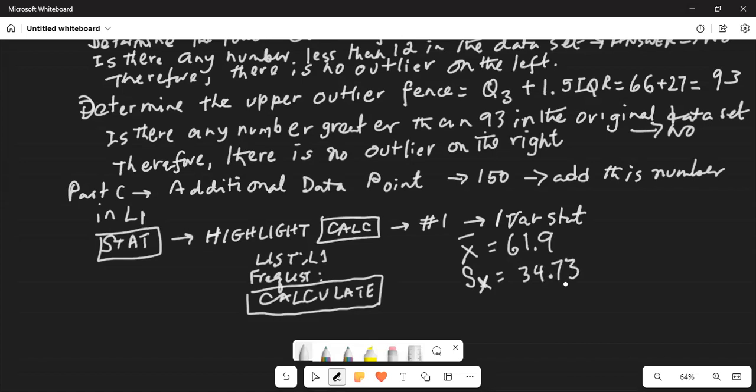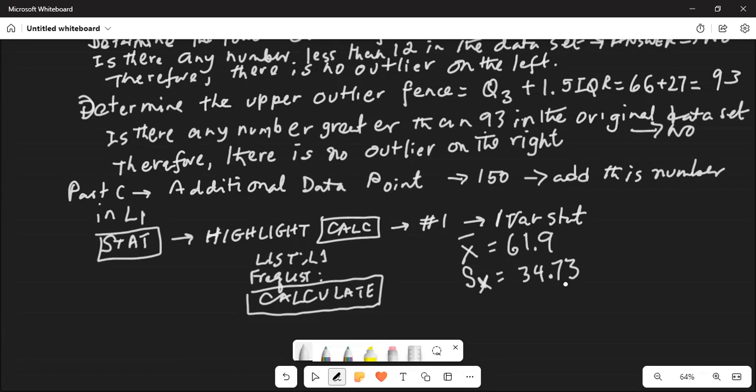Therefore, the mean has shifted to the right, as you would expect by adding a large number to the original data set, and the standard deviation has also increased significantly from 16.7 to 34.73. So bottom line, addition of a large number moves the mean to the right towards the large number, and also increases the standard deviation.